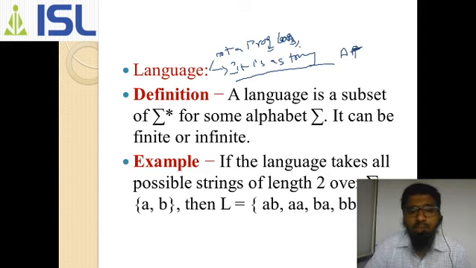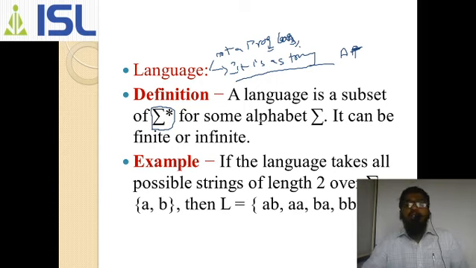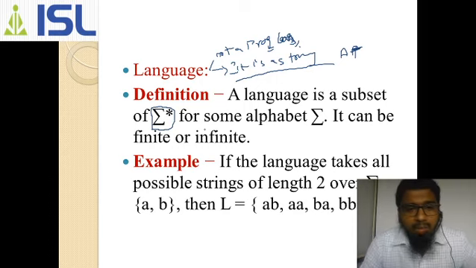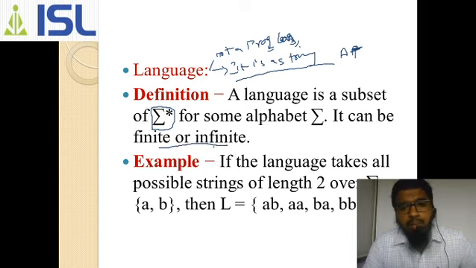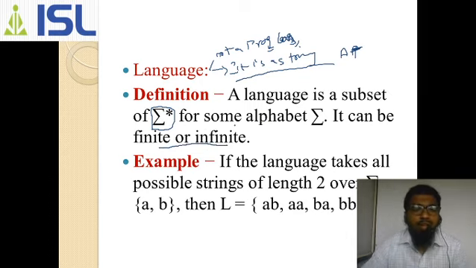What is the definition? A language is a subset of sigma star. What is this sigma star? This is the Kleene star, for some alphabet sigma, which can be finite or infinite. Sometimes we get a finite number of alphabets, sometimes an infinite number.